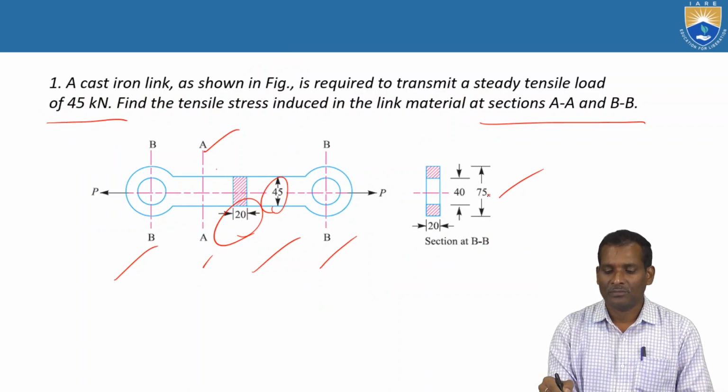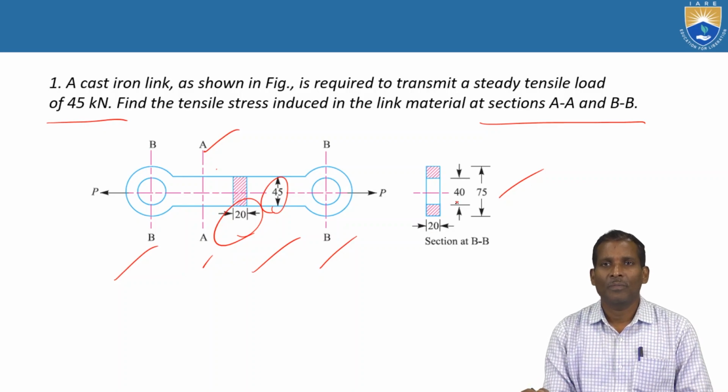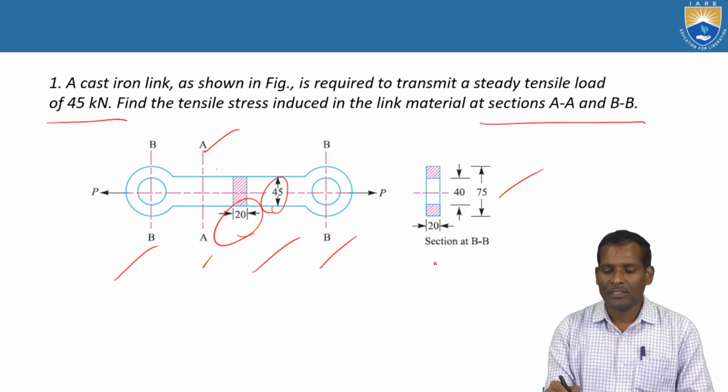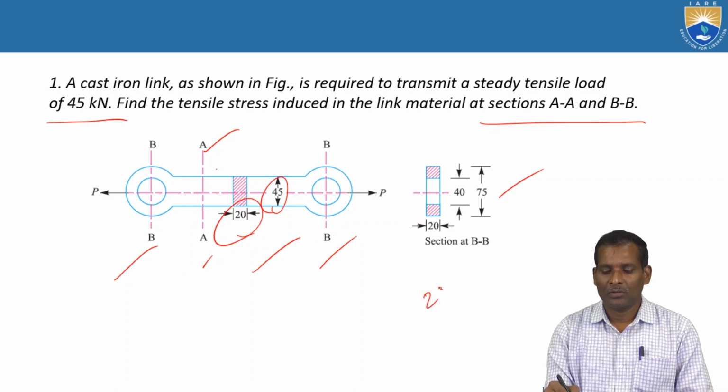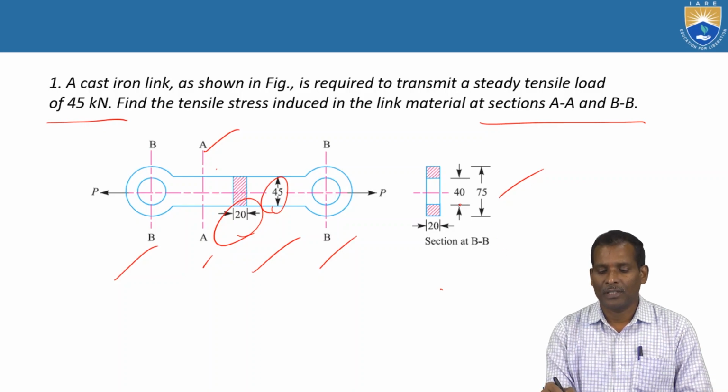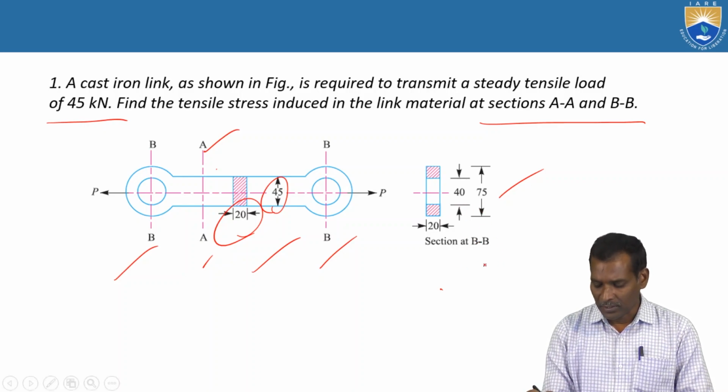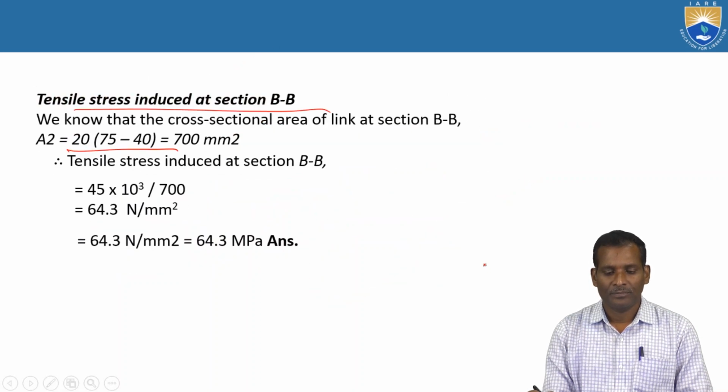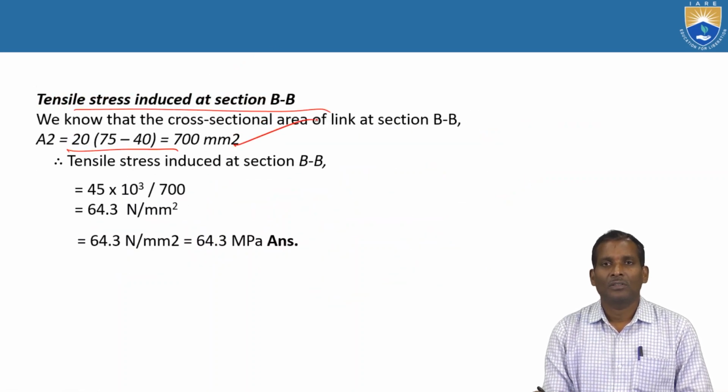Here the plate has a hole. So 75 minus 40 is 35, multiplied with 20. You will get 700 mm square area.